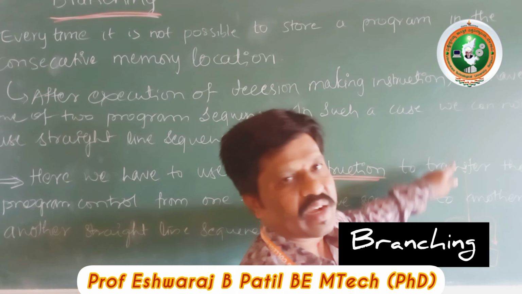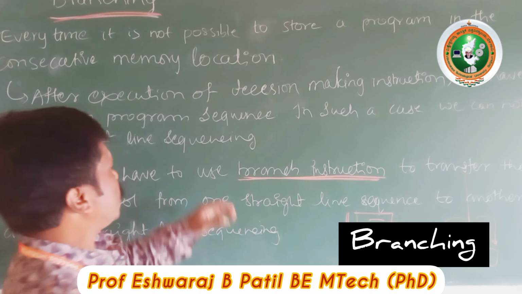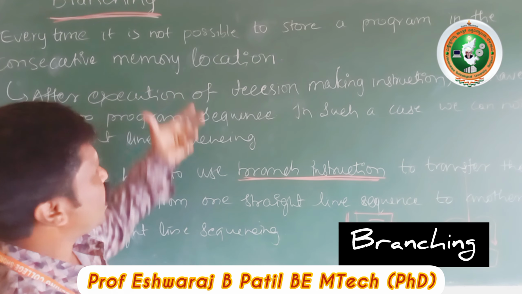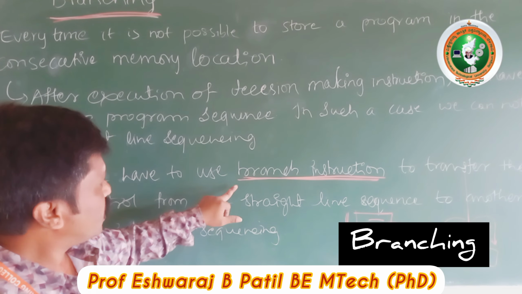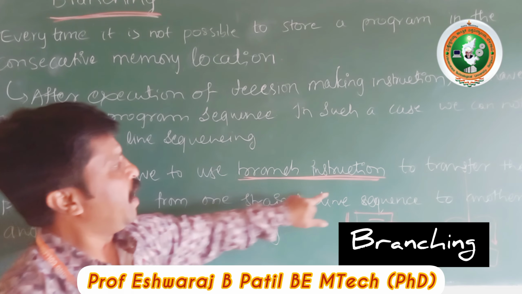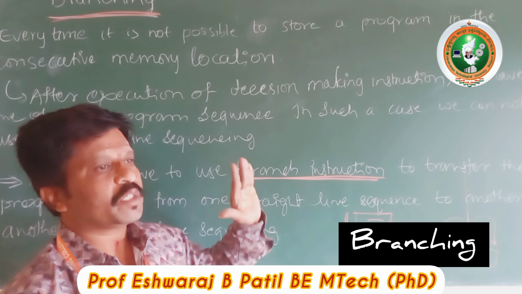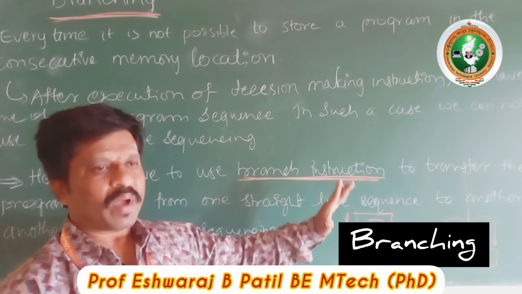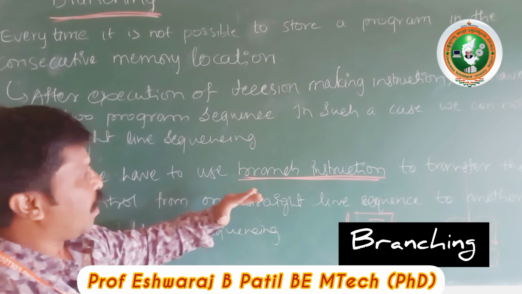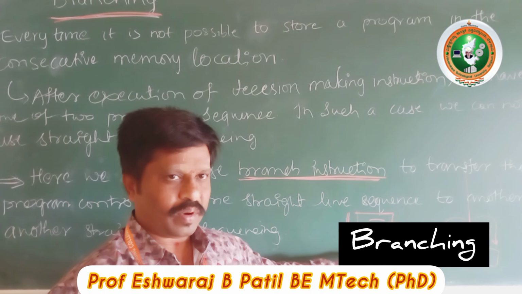In such conditions we cannot use straight line execution of the program, so we use the branch instruction. What will the branch instruction do? It will transfer the control of the main program to a separate small program, and after execution of that small program, it comes back to the main program itself.